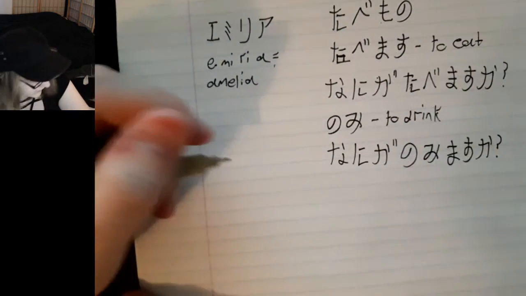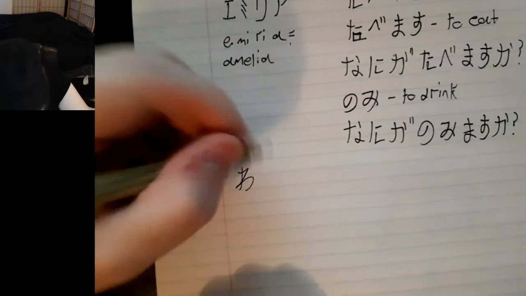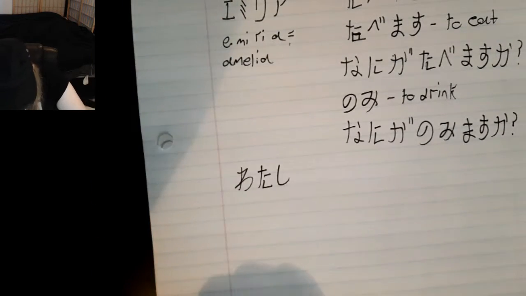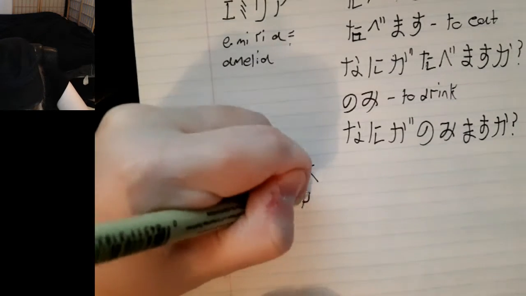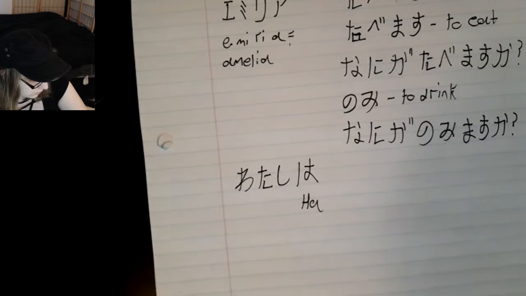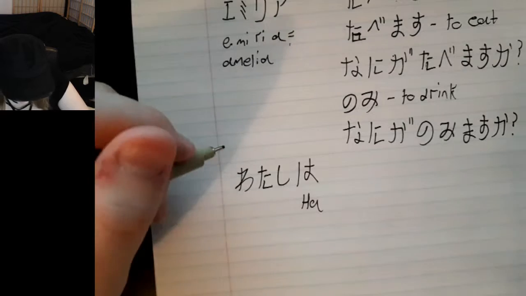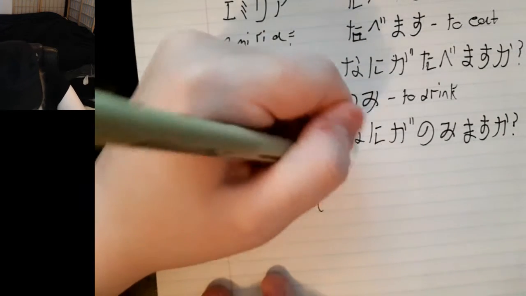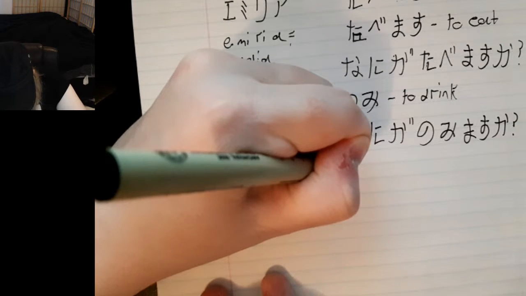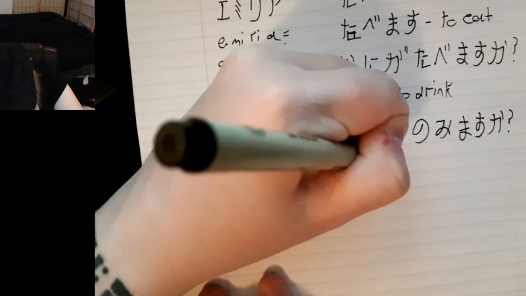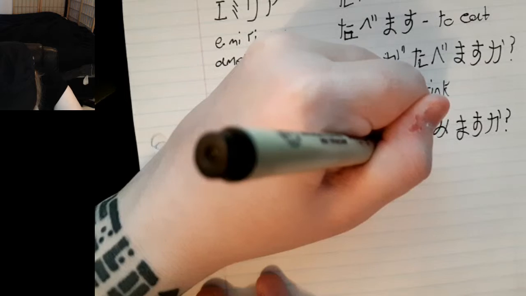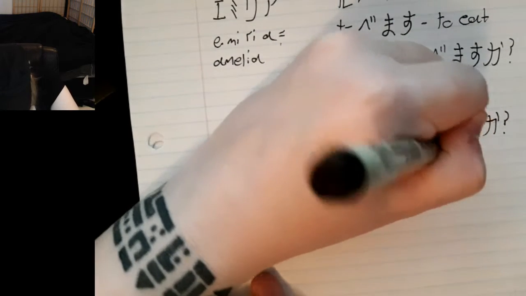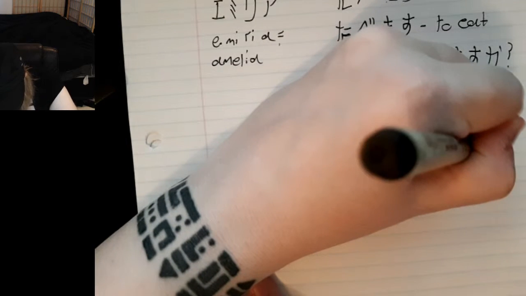If we use a sentence like watashi wa, and remember, when we use wa as a particle, we write it as ha. Watashi wa kocha ga suki desu.